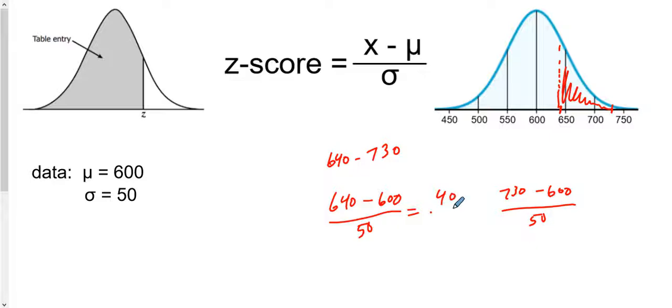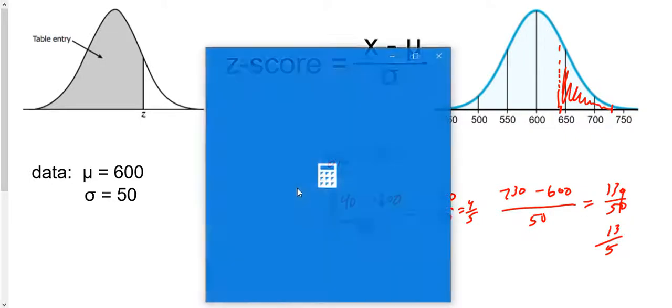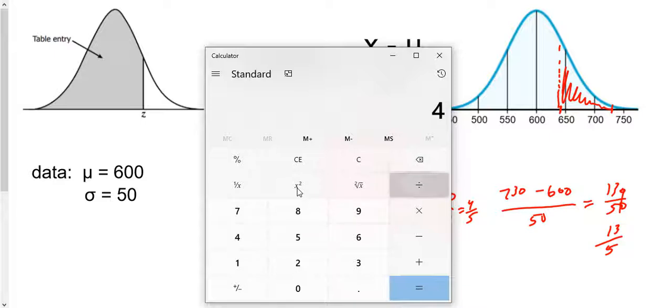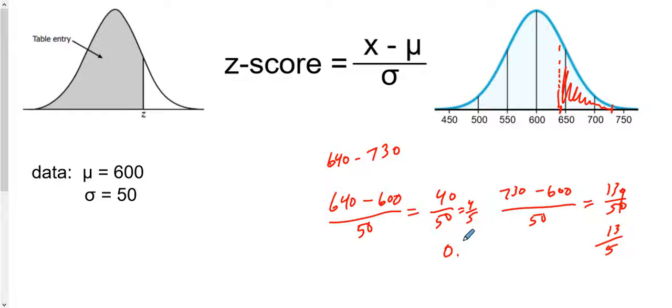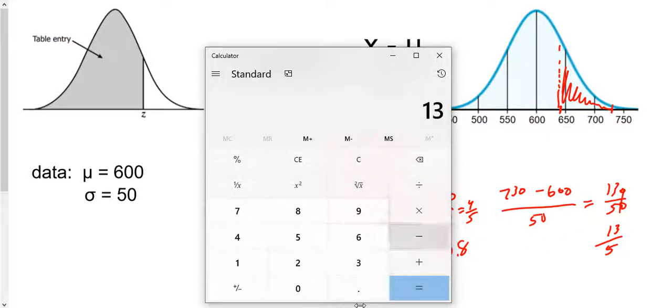This is 40 over 50, which we know is 4/5, and this is 130 over 50, which is 13/5. That's not a big deal because we're just going to throw this into a calculator. So 4 divided by 5 is 0.8, and 13 divided by 5 is 2.6.